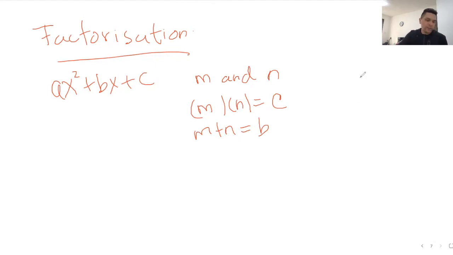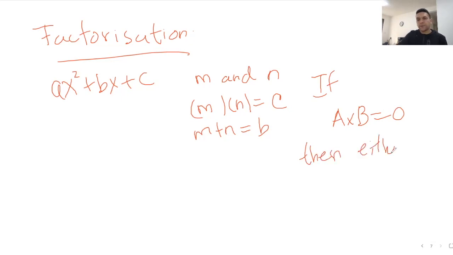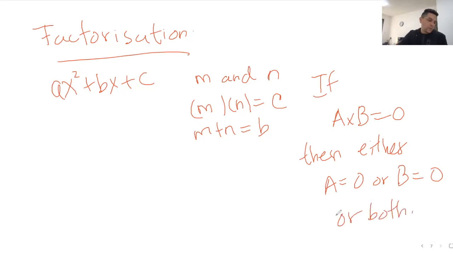Also, we have to use the principle that if a times b equals 0, then either a equals 0 or b equals 0, or both, right? All right, so let's look at some factorization problems. x squared minus 16.